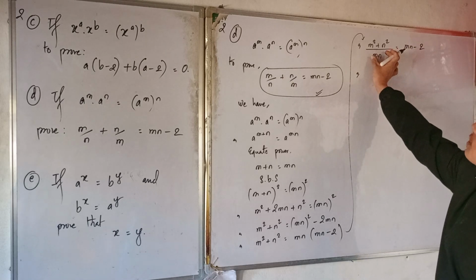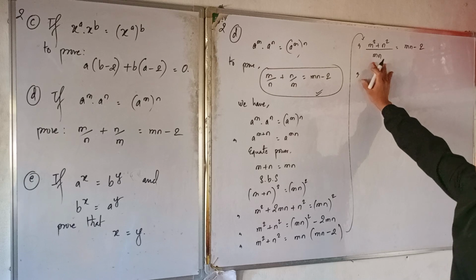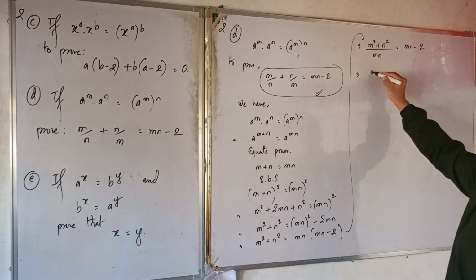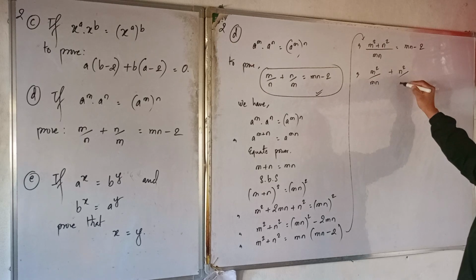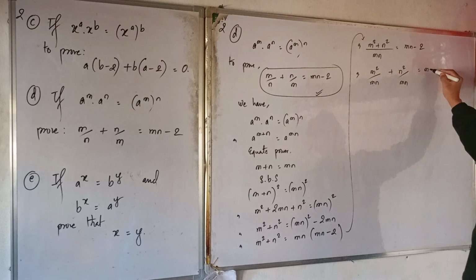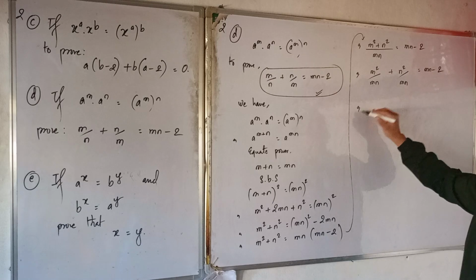Now you just separate this, disintegrate this. So m square by mn plus n square by mn is equals to mn minus 2.